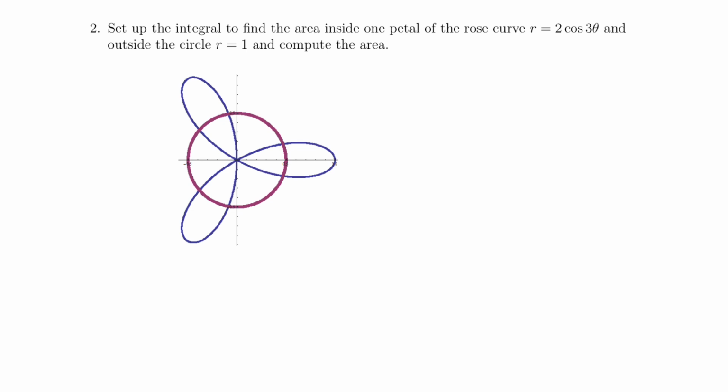We're talking about the tips of the petals, right? The parts out here, inside a petal but outside the circle. So we're looking at these areas here, but we just want one of them.